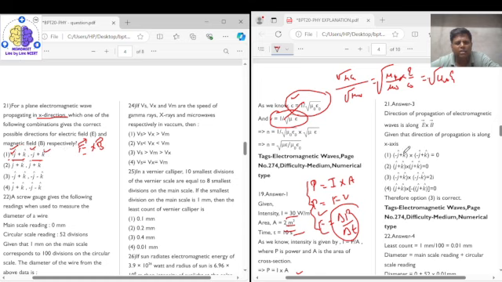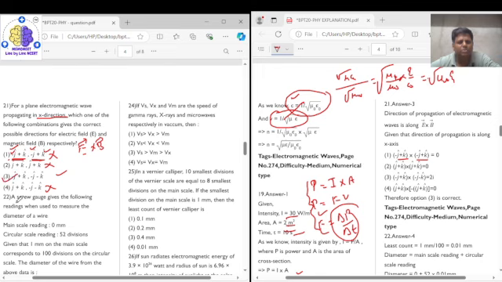Minus j plus k cross with minus j plus k, the E and B are in the same direction, so this would not be okay. Then j plus k and j plus k, again this would also not give a cross product. Then minus j plus k and minus j minus k, this can give you, and j plus k and minus j minus k, these are anti-parallel, this cannot give you.